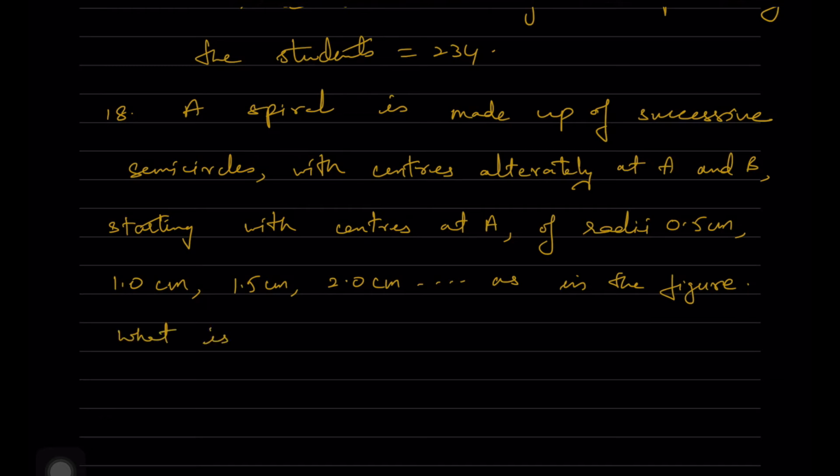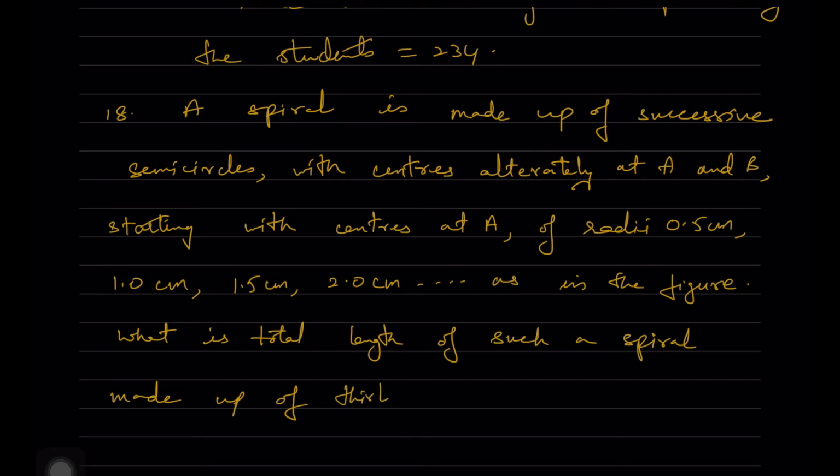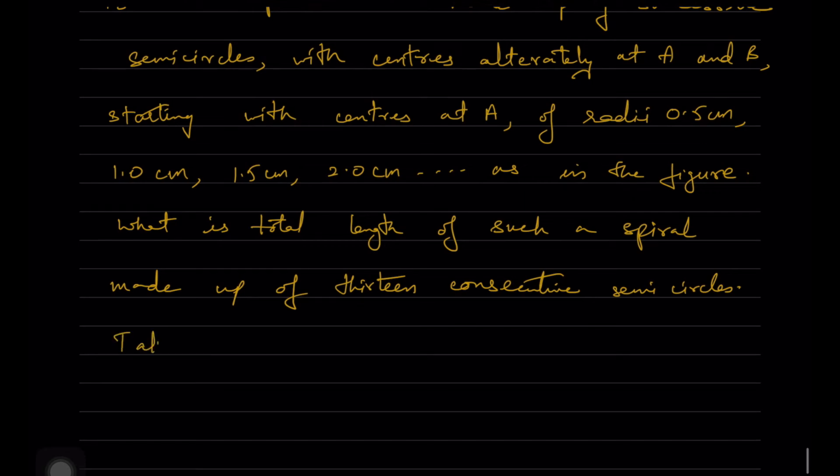What is the total length of such a spiral made up of 13 consecutive semicircles? Take pi is equal to 22 by 7.